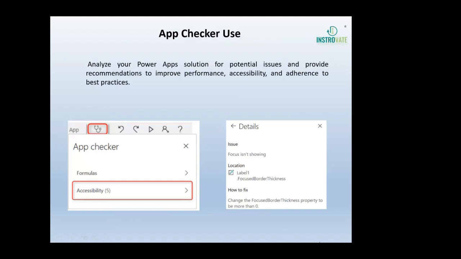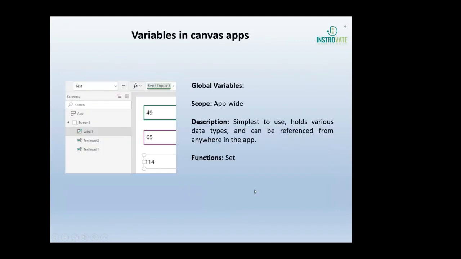And when you click on details, here it is showing accessibility 5, a total of 5 accessibility issues. When you click on that, it will give you proper detail like this, and it will also provide you the resolution and how you can fix the error.